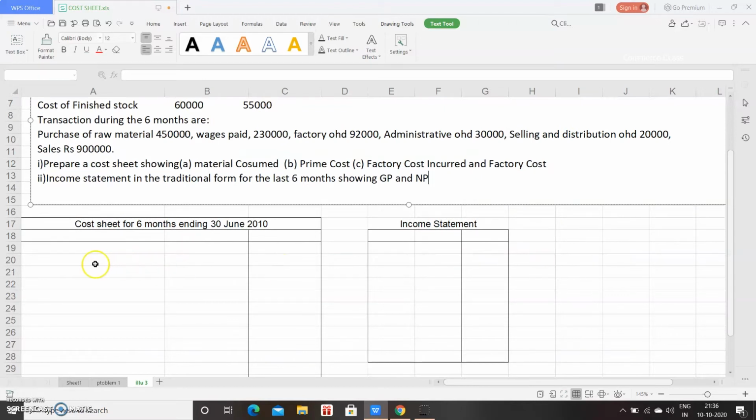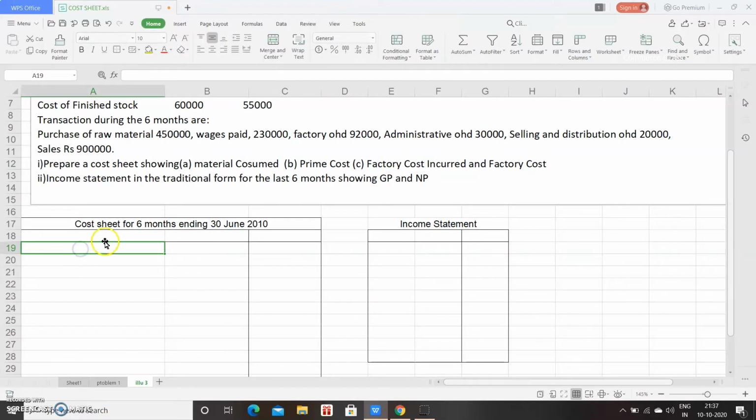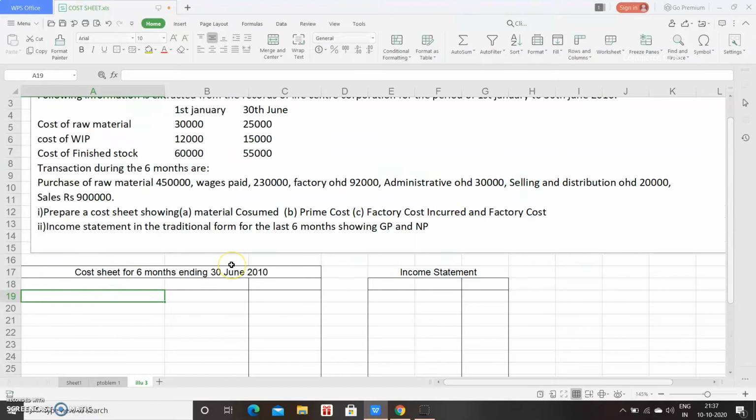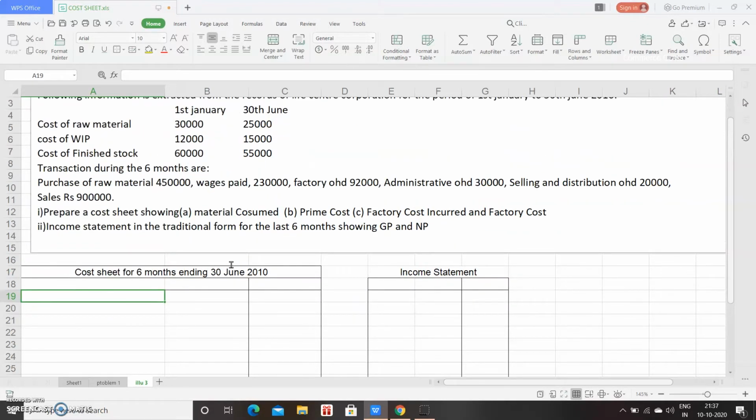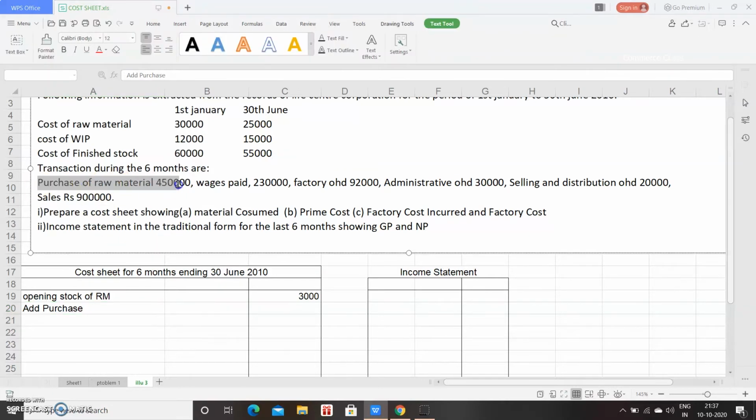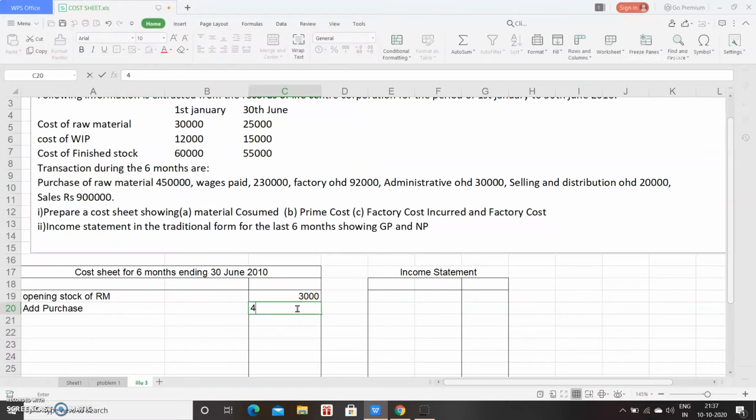All right, let's begin. First thing is your opening stock of raw material. Let me write RM for raw material. Opening stock of raw material is 30,000. With that we'll add purchase. Raw material purchase is given at 4,50,000.